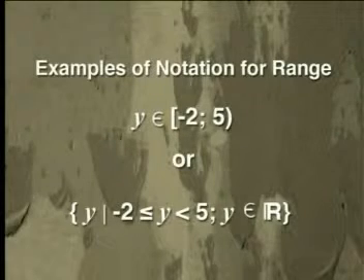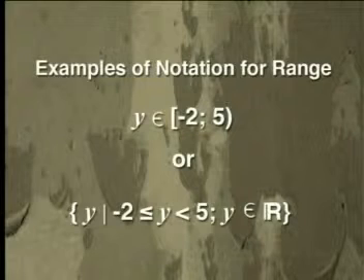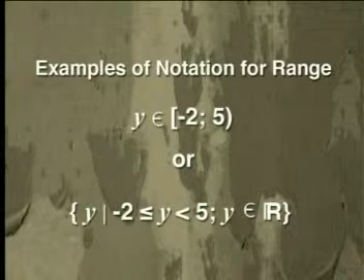Think about the notation that we will use to represent these restrictions. As the output value -2 is included, we use a square bracket. For the excluded value of 5, we use a round bracket. Remember that interval notation describes values from a maximum to a minimum, and so it includes all of the real values in between.